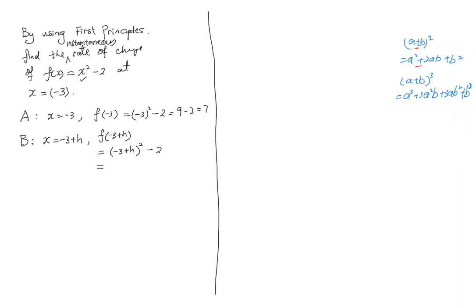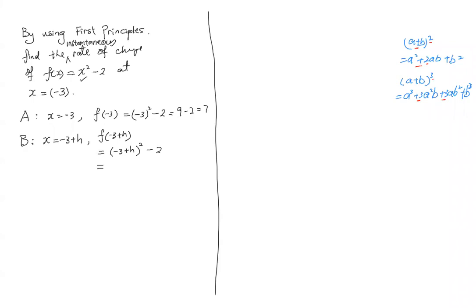Front cube plus 3 times front square back power 1, then you see the power changes. You go by the pattern. Here is 3, here is 3. Here is 2, here is 2. Take the effort to memorize.